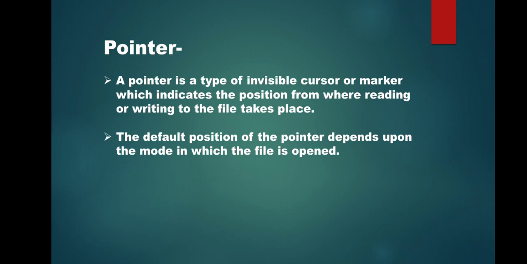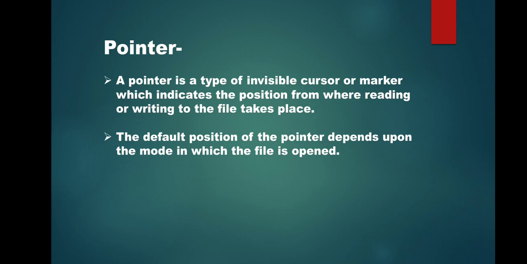In the same way, in data files also, we have the concept of a cursor or pointer. But the difference between the cursor in MS Word and the pointer in a data file is that the cursor in MS Word is visible, but the file pointer is not visible.